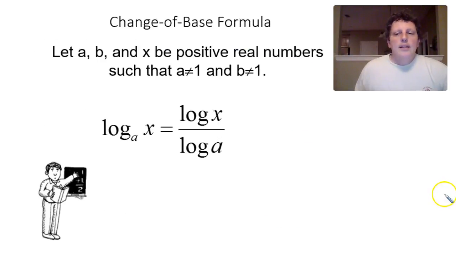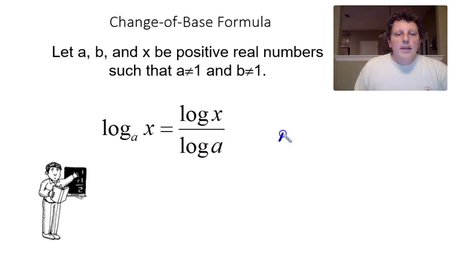Before we look at some examples, and we're going to look at a lot of examples today, so buckle up, get ready. I want to show you something called the change of base formula. Essentially, when you have a logarithm that does not have a base 10 or a base that is easy for you to calculate, you can change the logarithm to a division of the log base 10 of what's inside the log divided by the log base 10 of the base of your original log.